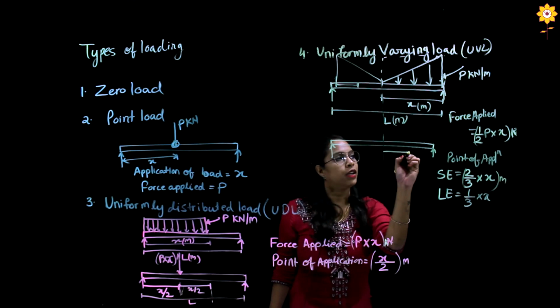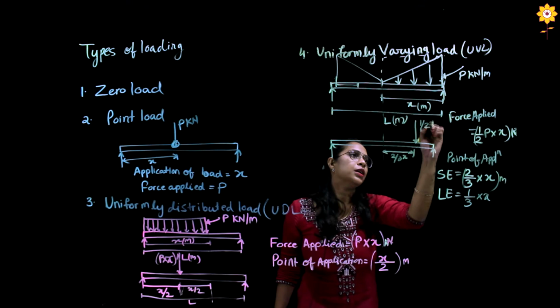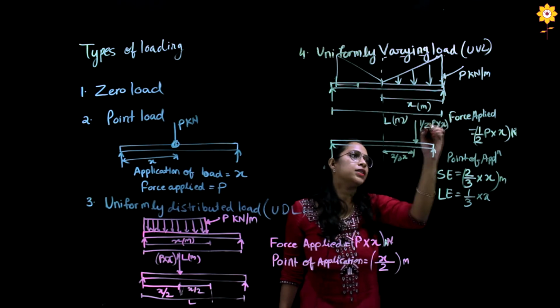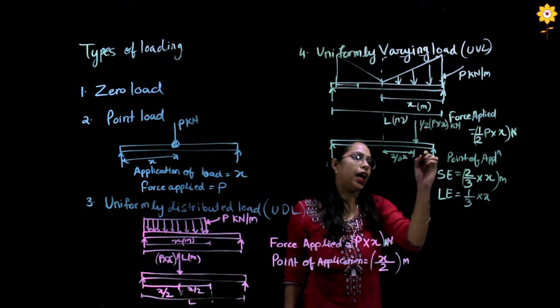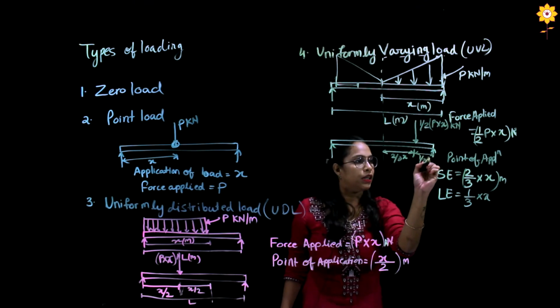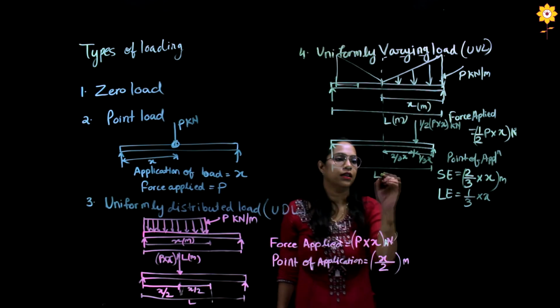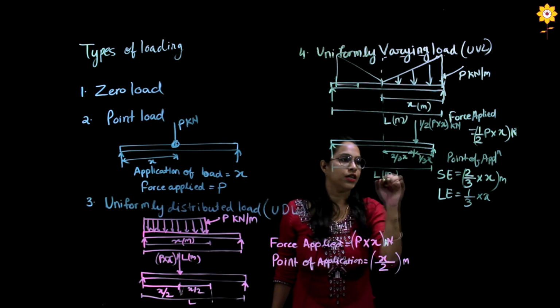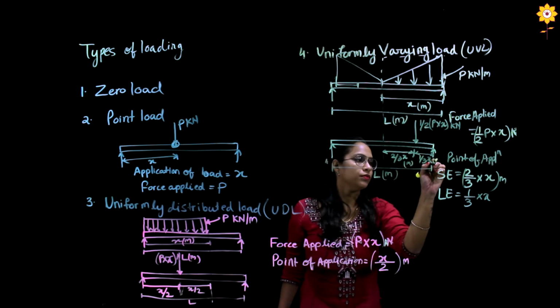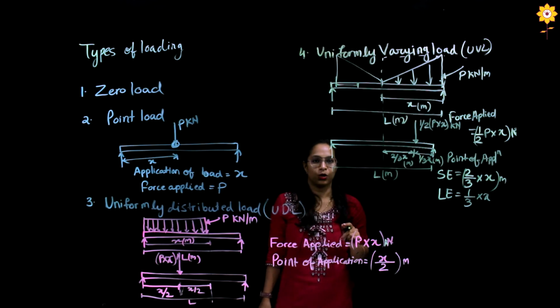So at a distance of 2 by 3 x meters, there would be a force of half P into x kilonewtons acting, and the remaining distance would be 1 by 3 x, with the total distance being L meters. Everything is in meters. So this is how we solve a uniformly varying load.